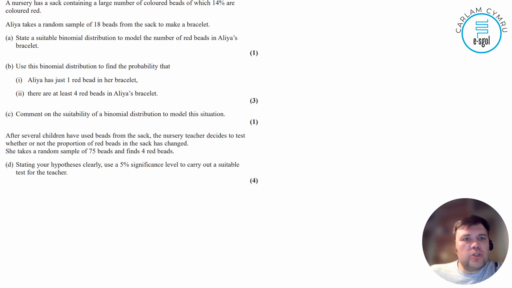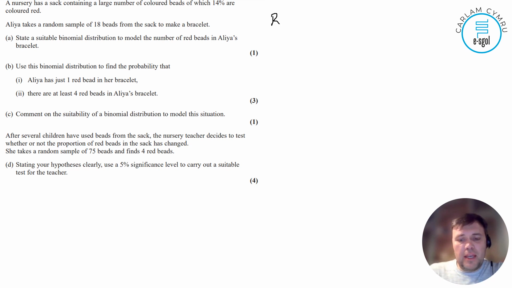A nursery has a sack containing a large number of coloured beads, of which 14% are coloured red. Aaliyah takes a random sample of 18 beads from the sack to make a bracelet. State a suitable binomial distribution to model the number of red beads in Aaliyah's bracelet. So we're going to put R, it could be X, it doesn't matter.